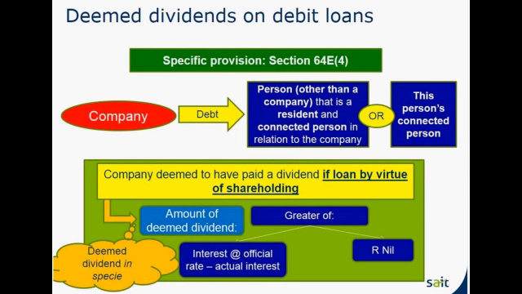So also bear in mind that if you say that the amount is not a deemed dividend because it's advanced by virtue of shareholding, you might be opening up another tax consequence there.